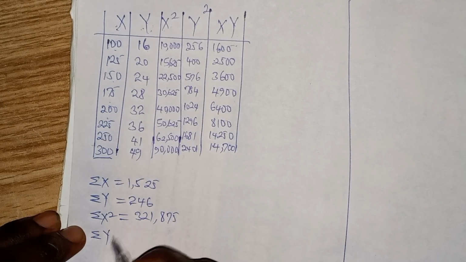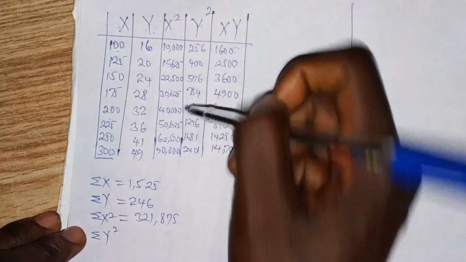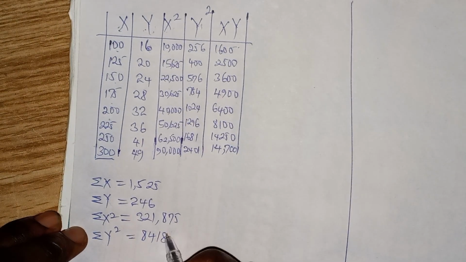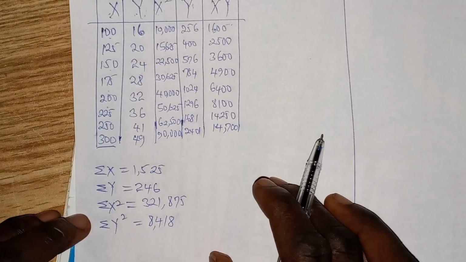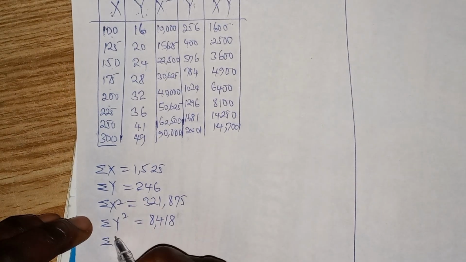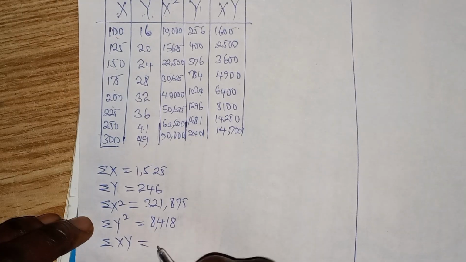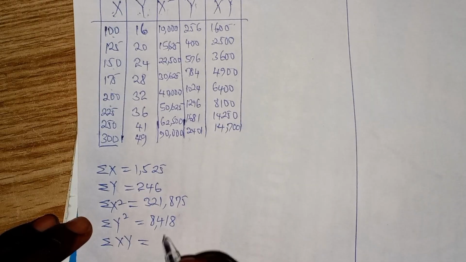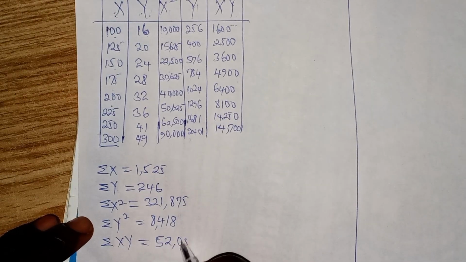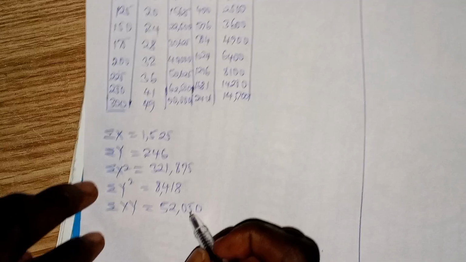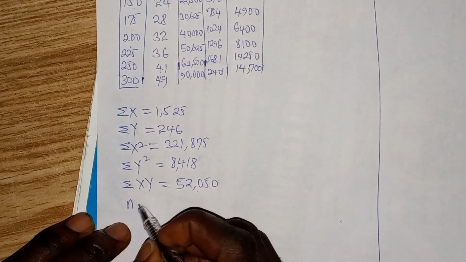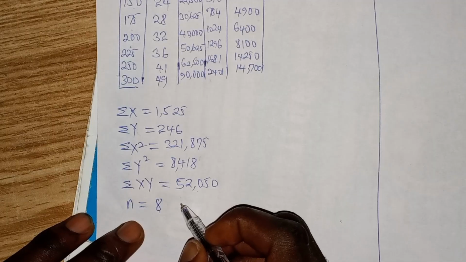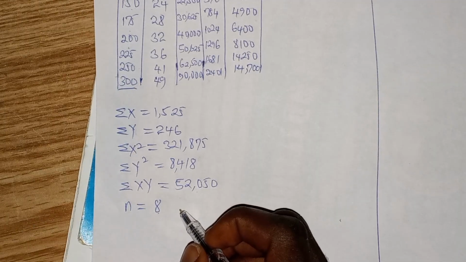Then summation y squared is 8,418, and summation xy, the cross product, gives us 52,050, right? Then n is equal to 8. Why is it 8? Because we have 8 rice farmers surveyed in the research.